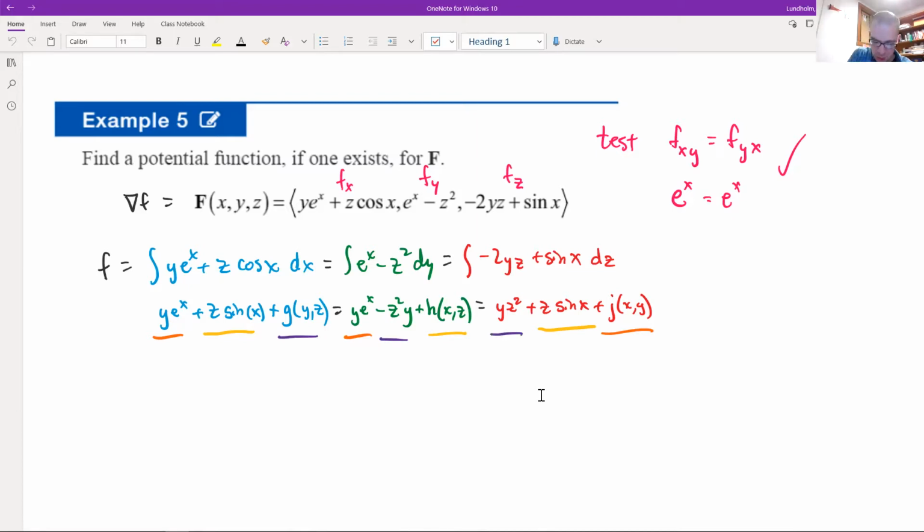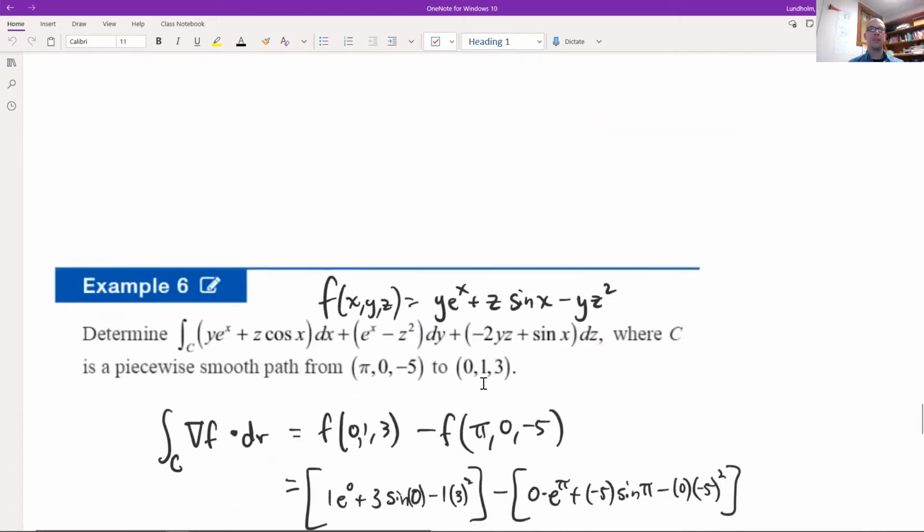And this one's minus z squared y, although I forgot to write the minus sign earlier. Cool. So notice now we've got a function for f here. We have our potential function and we're good to go. We just needed to undo the partial derivatives in the gradient that was already taken.